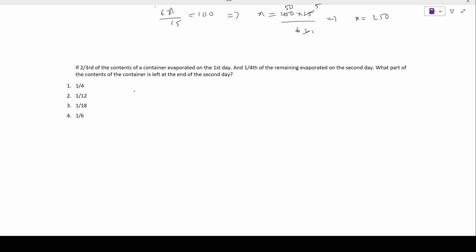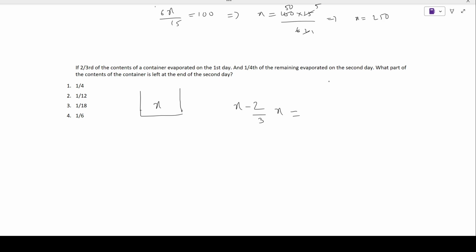So initially, let's say the container has x quantity, x liter of anything, out of which two-third is evaporated.